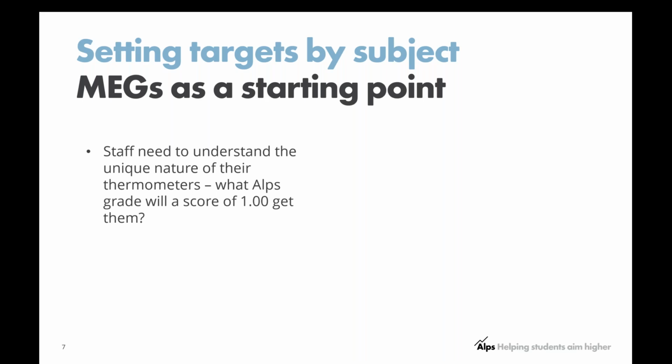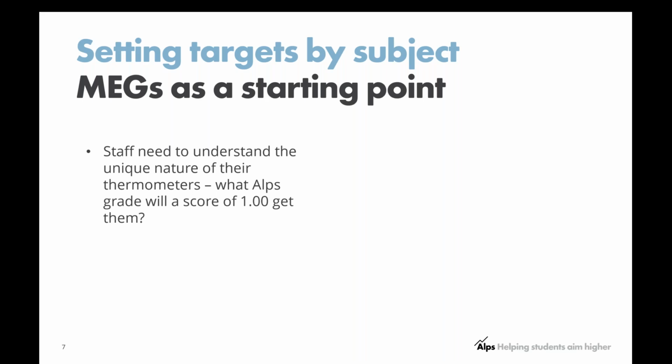Basically, in my class, I have a group of young people with very different prior attainment bands at Key Stage 4. And therefore, I should know by this point what my minimum expected grade is for my students sitting in front of me.